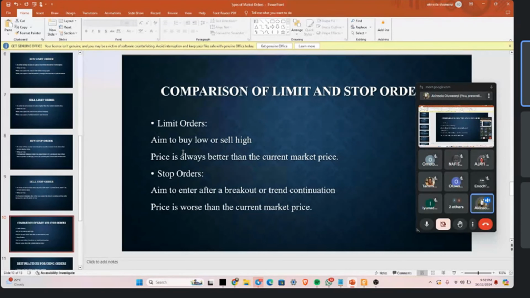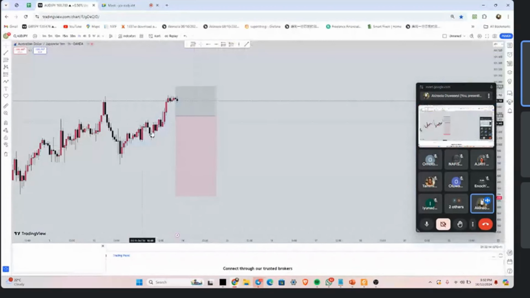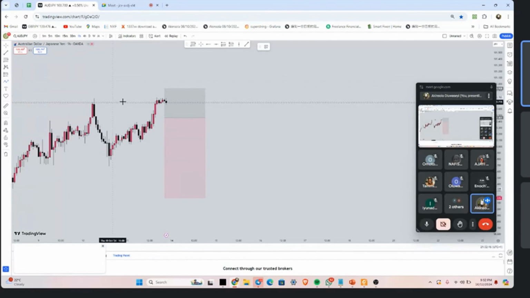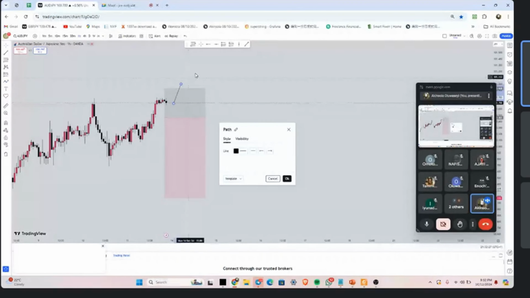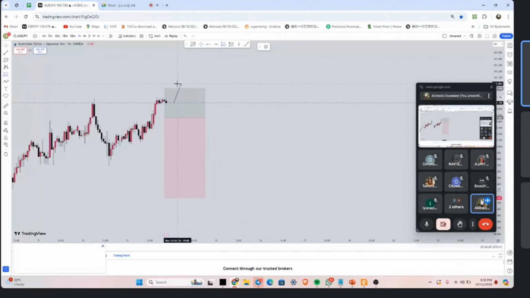For a stop order, you aim to enter after a breakout or trend continuation. What does a breakout mean? It means that currently the market is here. If the market can successfully break out above this high, then you just set your buy stop here.